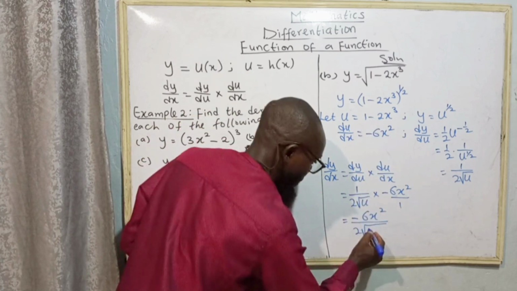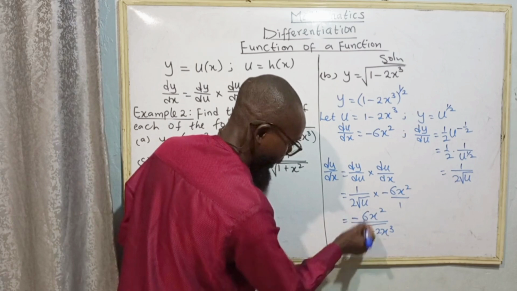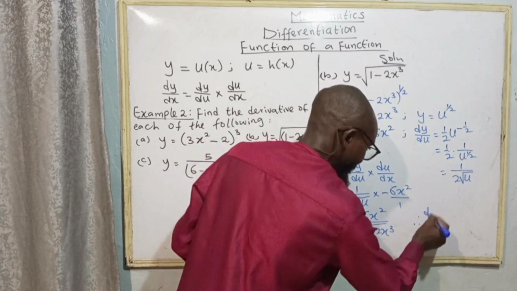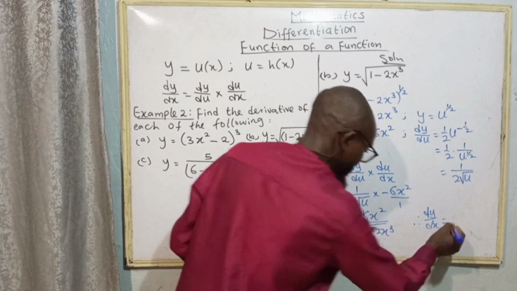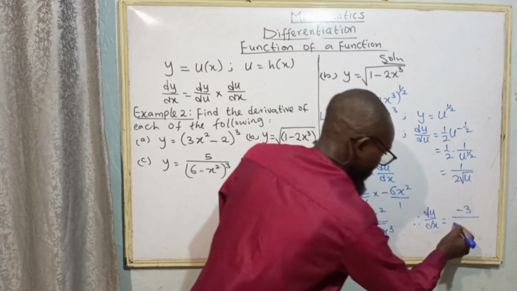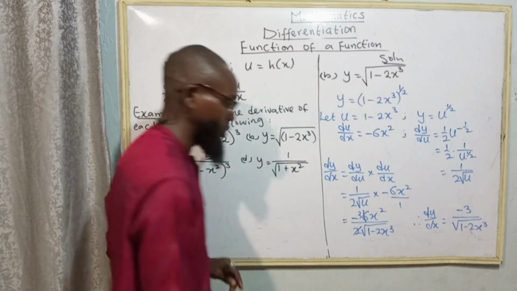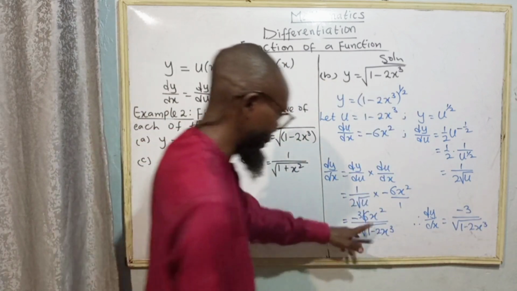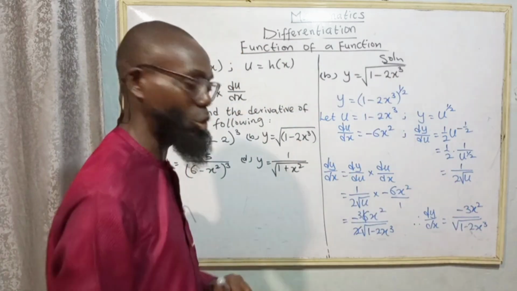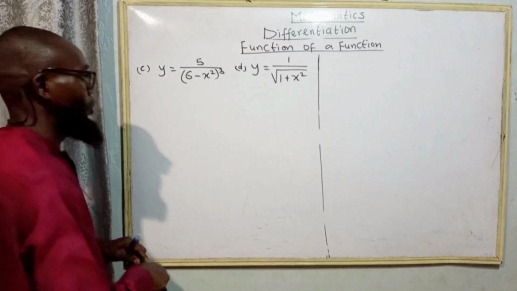We have 1 minus 2x cubed. So 2 goes here, 2 goes here. We are going to be left with 3. Finally, our dy dx will equal minus 3x squared divided by square root of 1 minus 2x cubed. Question C.